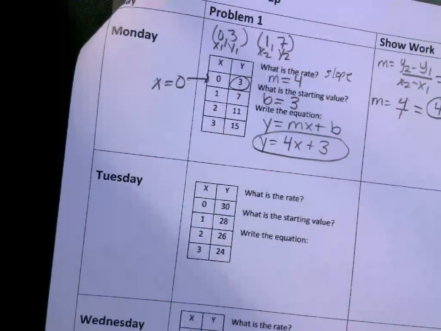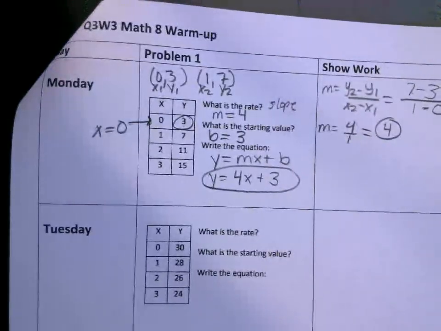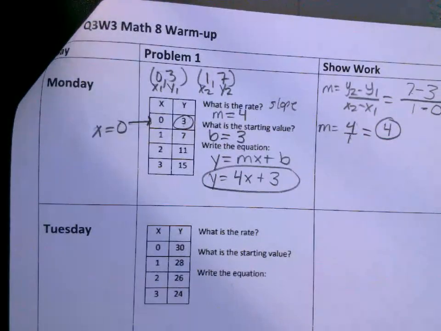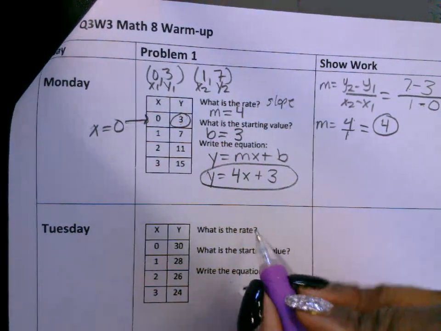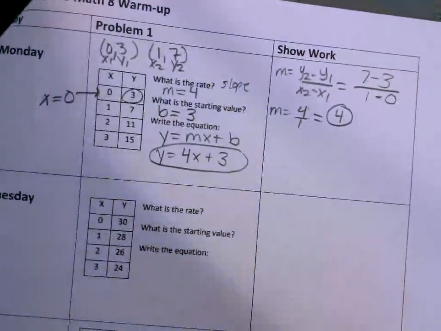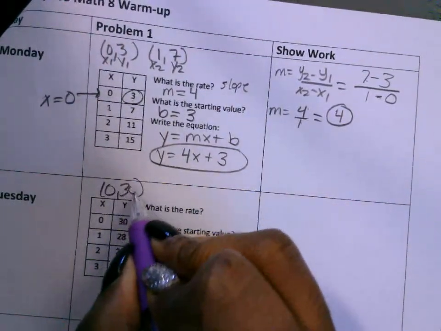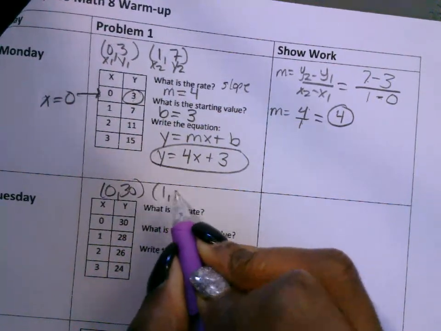Let's look at the warm-up, please. I'm going to pick the first 2 points to find the slope or the rate. Okay? So we're going to put the first 2 points. Let's do 0, 30, and 1, 28.